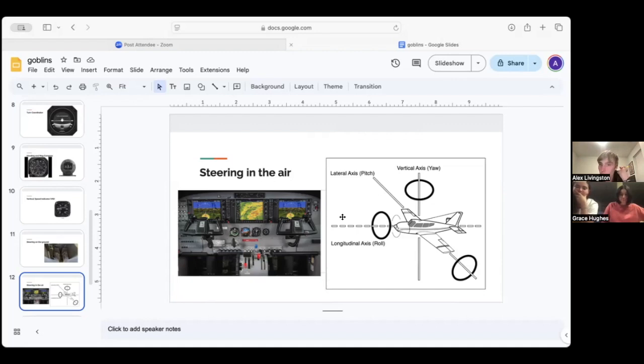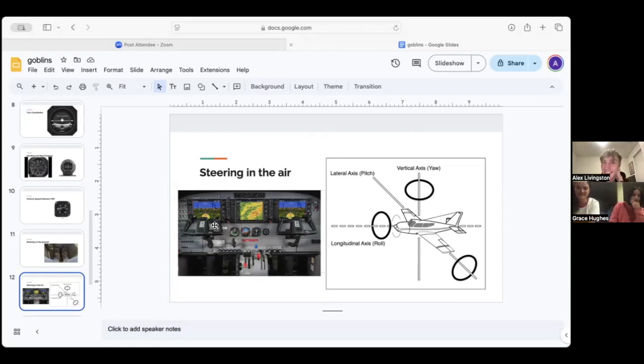For the longitudinal axis, for roll, think of the steering wheel. It's called the yoke, but call it the steering wheel. Just like in a car, turn it left or right. But this also comes back and forwards. You can pull it towards yourself or push it, and that's how you go up and down. And that's how you steer a plane.